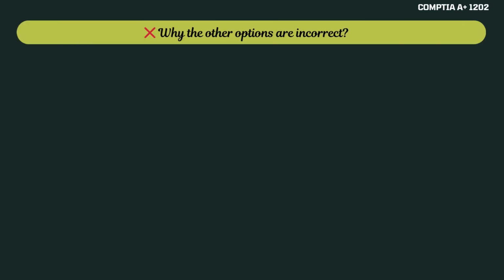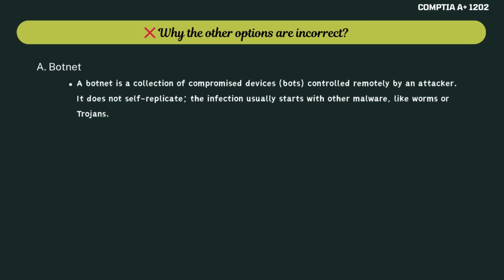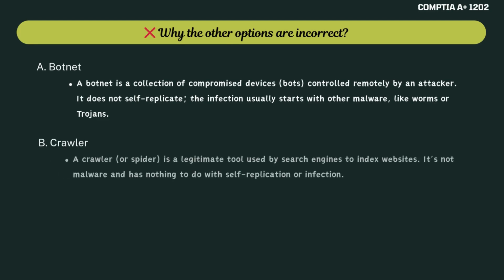Why the other options are incorrect? A. Botnet. A botnet is a collection of compromised devices, or bots, controlled remotely by an attacker. It does not self-replicate. The infection usually starts with other malware, like worms or trojans. B. Crawler.